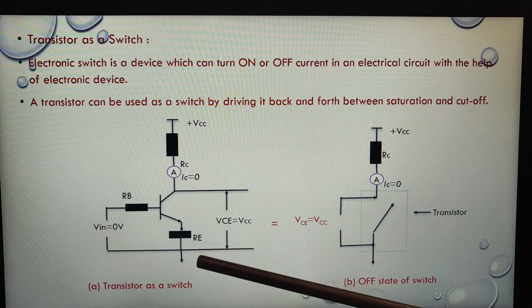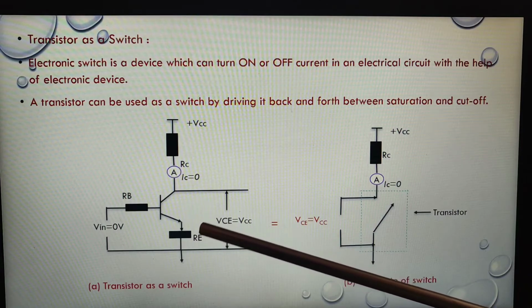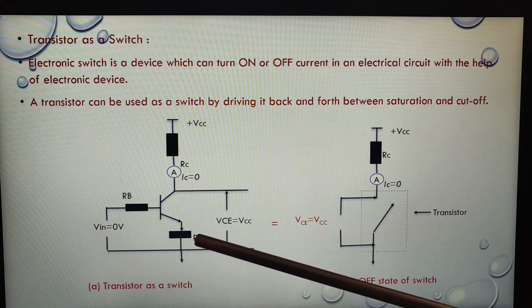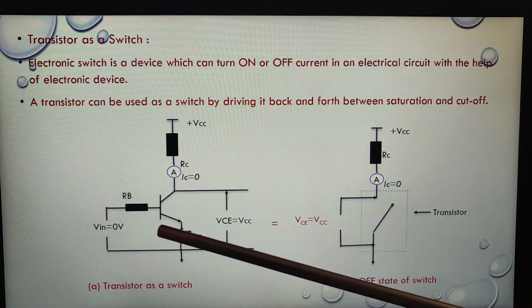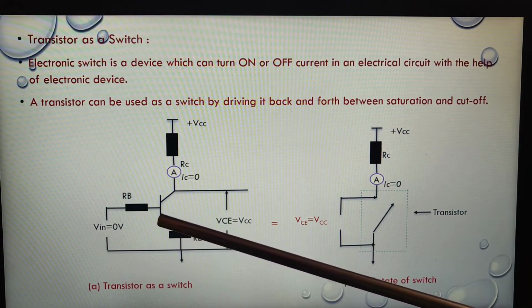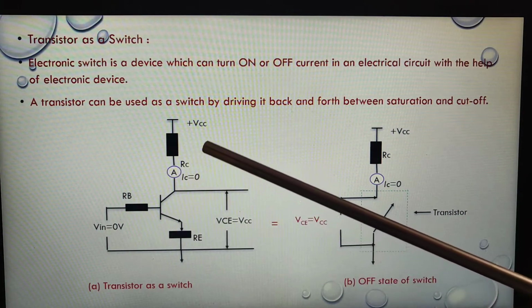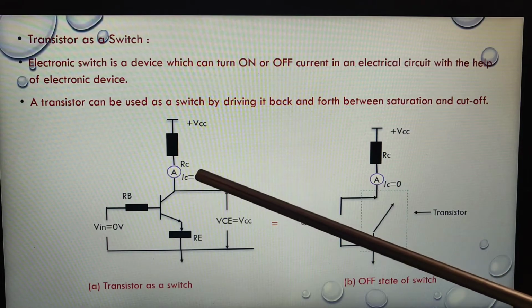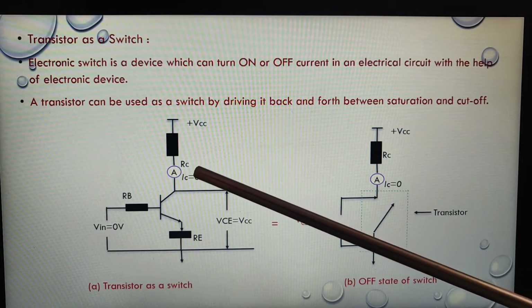So first, the circuit diagram. If we see this diagram, the transistor is connected in common emitter mode. To the base, resistance RB is connected, and plus VCC signal is applied to the collector having collector resistance RC.